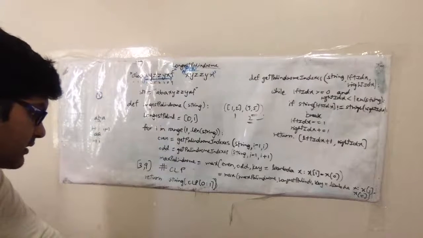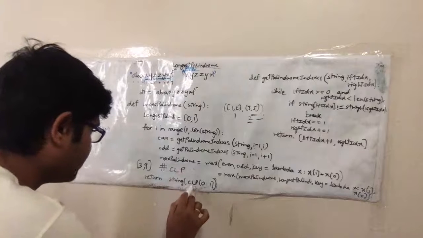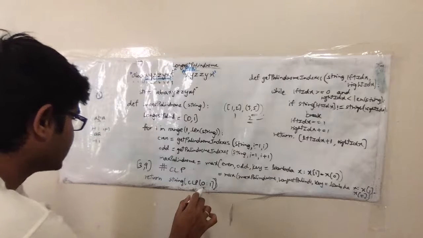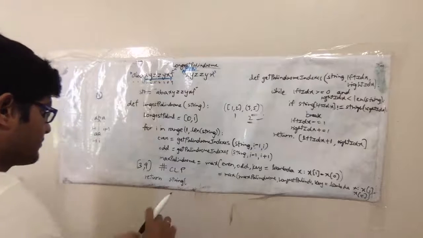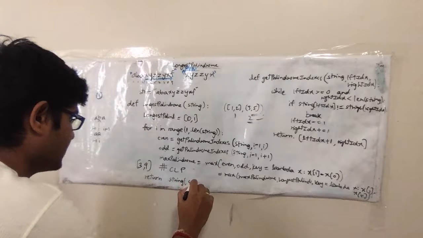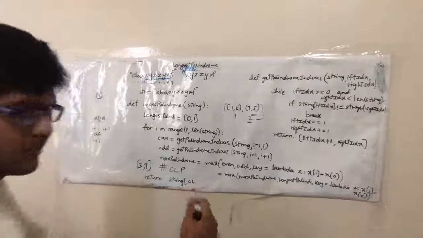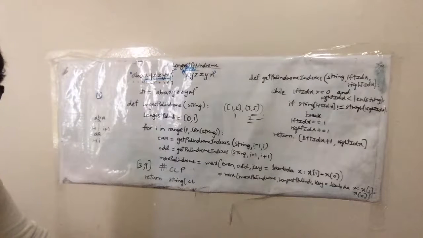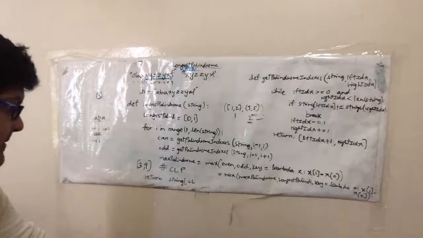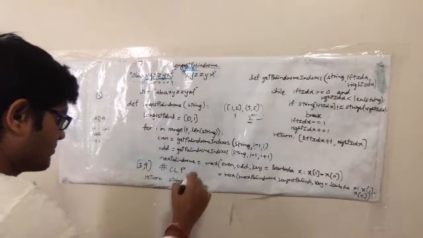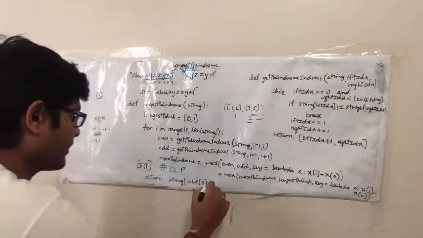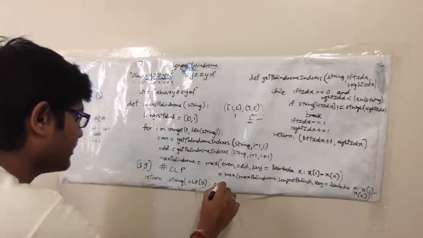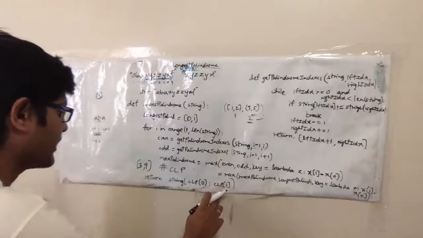Did I write correctly? We pass the string with CLP of 0, which will give 3, to CLP of 1, which will give 9.